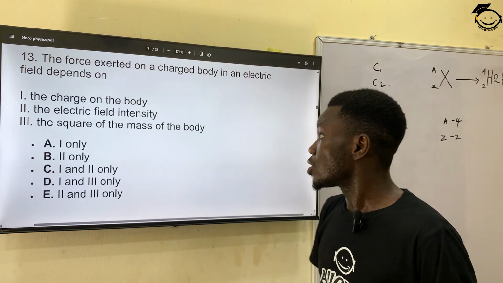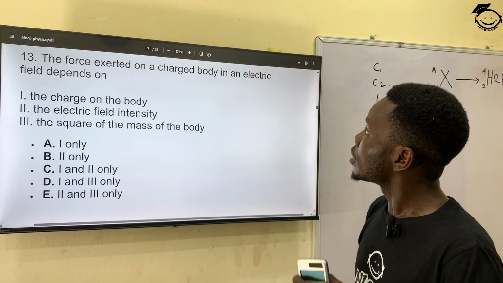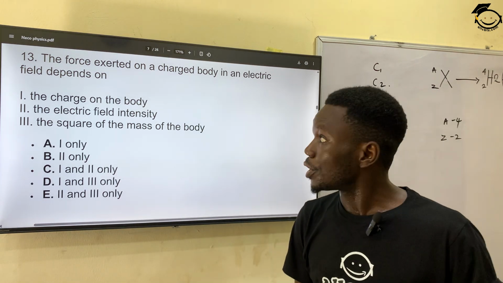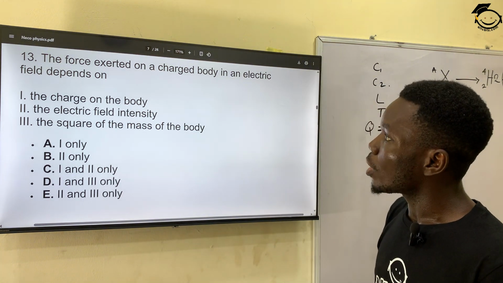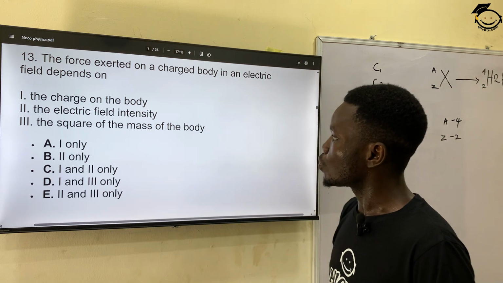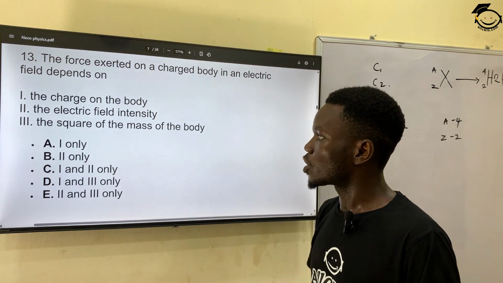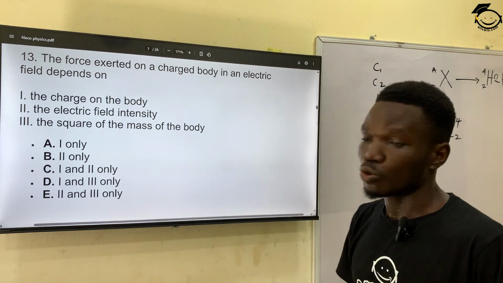It is irrelevant. So the only things affecting the force on the charged body in an electric field are the charge on the body and the electric field intensity. So we're looking for options that contain Roman figure 1 and Roman figure 2, and that is option C.